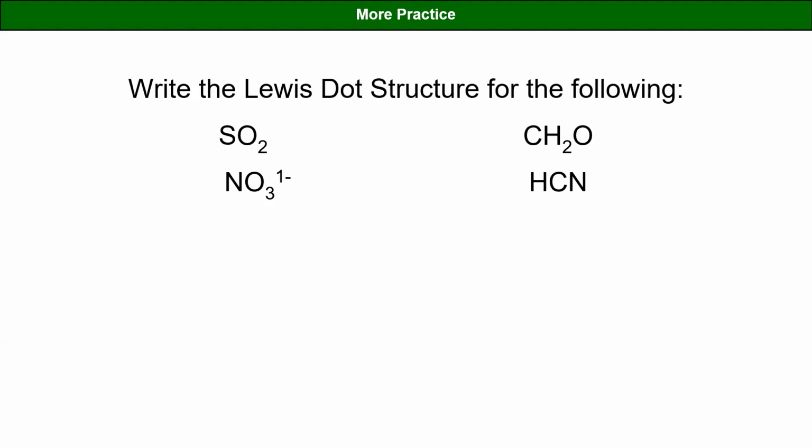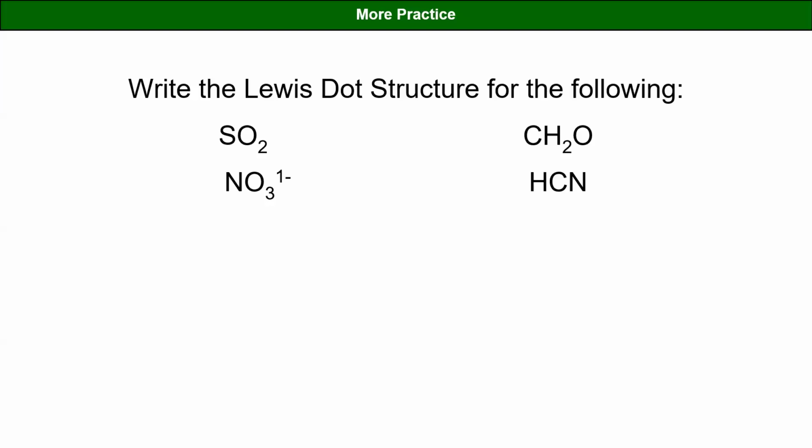All right, so that's how we know the sulfur is going to be in the middle. Now we're going to put our oxygens on either side. And what else do we need to know in order to get a Lewis dot structure? Right number of electrons, right? Specifically valence electrons. So how many valence electrons do we get for sulfur dioxide?